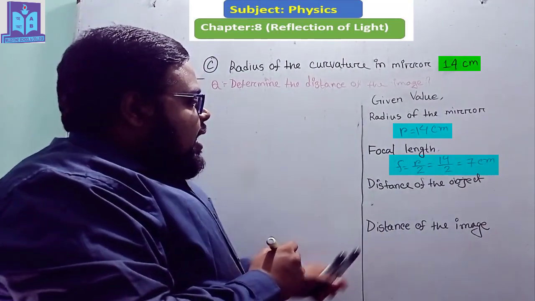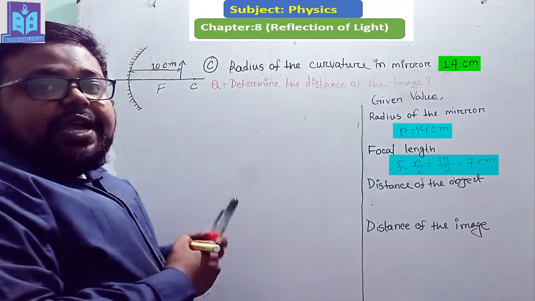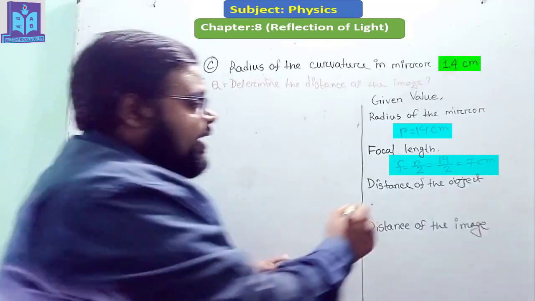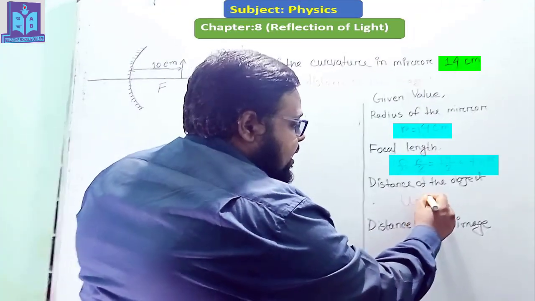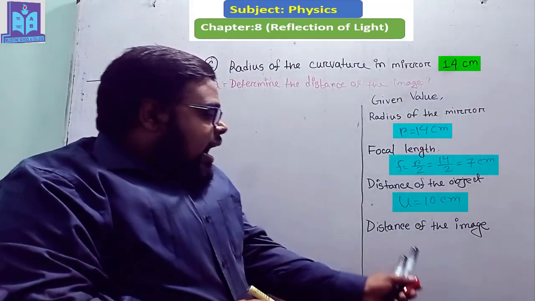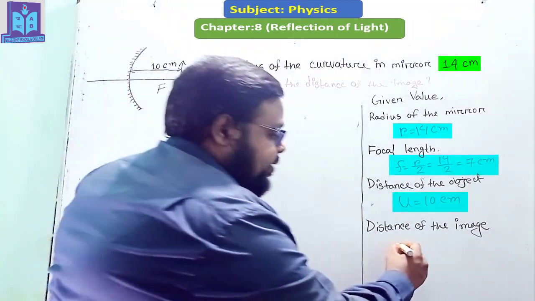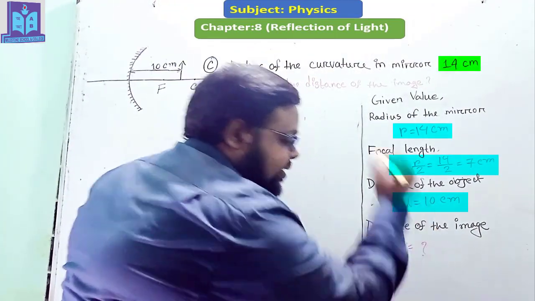And the distance of the object, u, equals 10 centimeter. And we have to find out the distance of the image, v equals what?